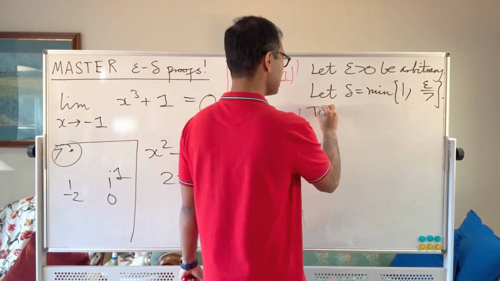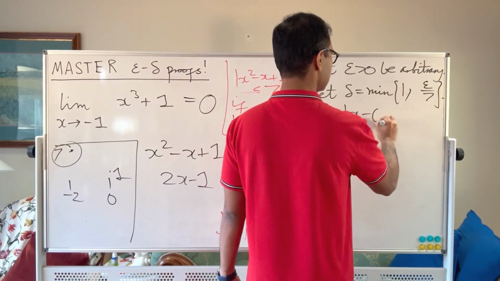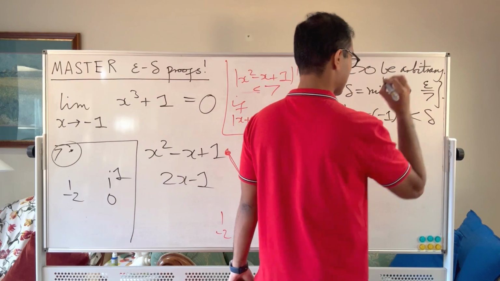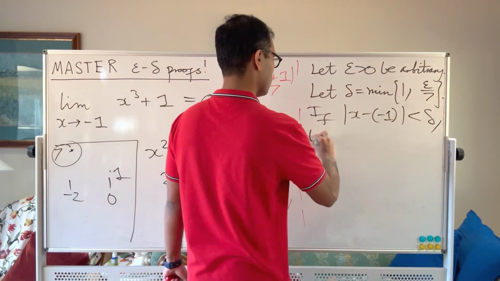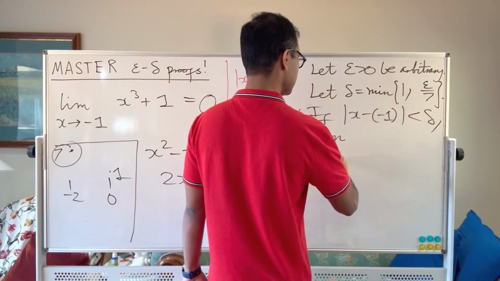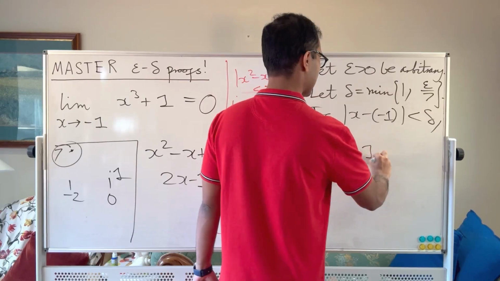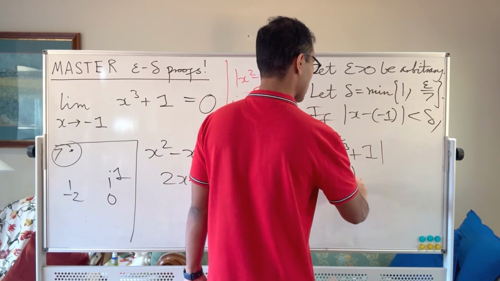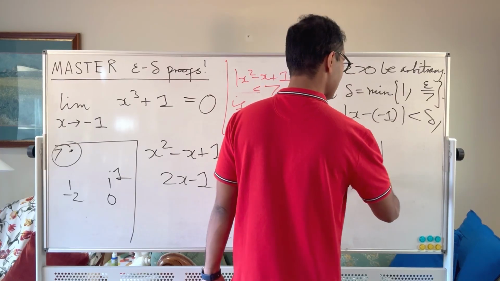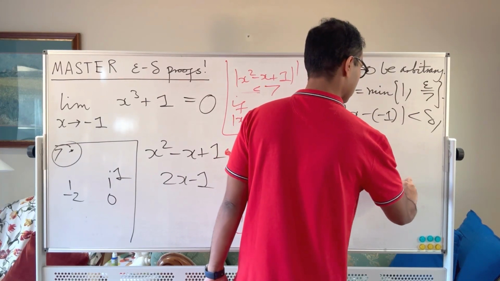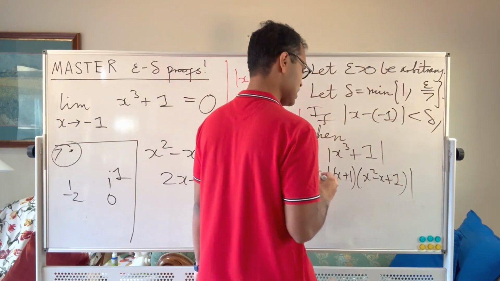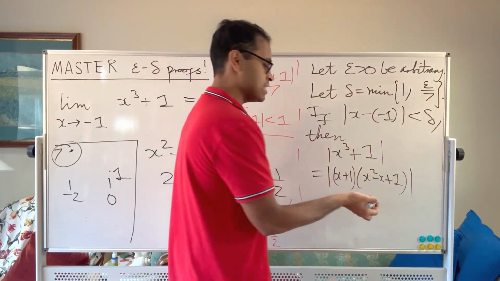Now we know that if the absolute value of x minus negative 1 is less than delta, then the absolute value of x cubed plus 1 is the absolute value of x plus 1 times x squared minus x plus 1, and we want that to be less than epsilon.